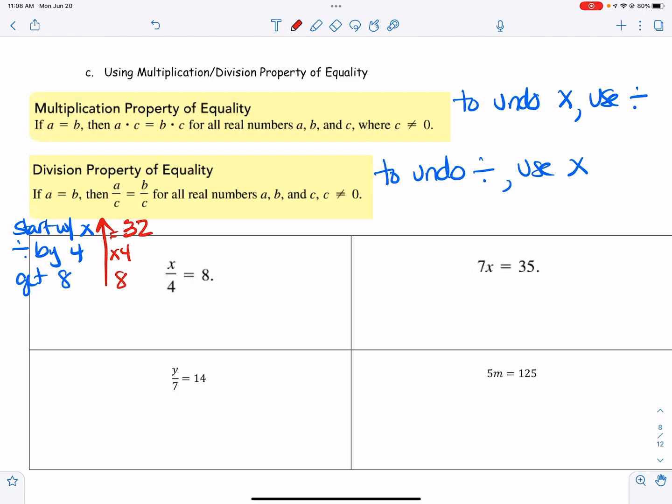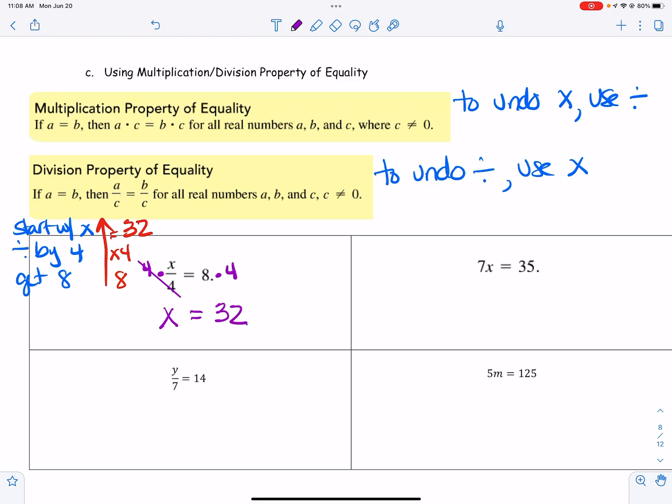So now here's what it looks like mathematically. I see the division. I know I'm going to have to multiply by that number, and 4 divided by 4 leaves me that 1x, and 8 times 4 is 32.